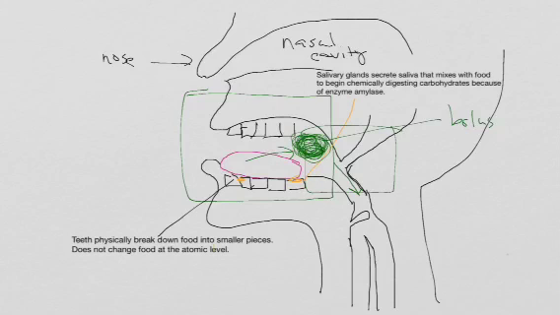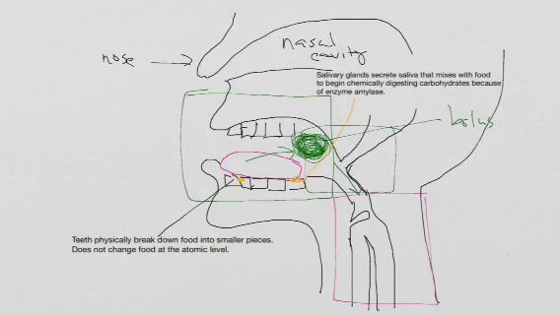Now, I want us to actually look at what's going on down here. This next part of ingestion is very important because at the bottom of the throat is where your esophagus and your trachea merge. It's the beginning of both of these pipes or tubes that do very different things.